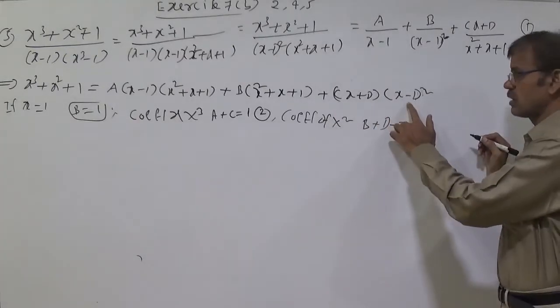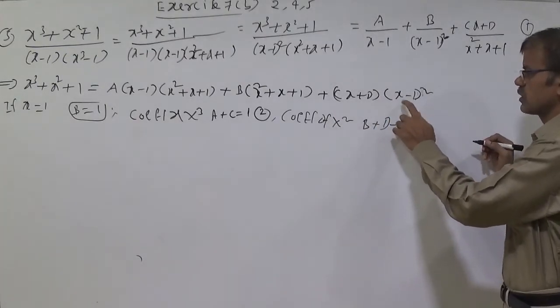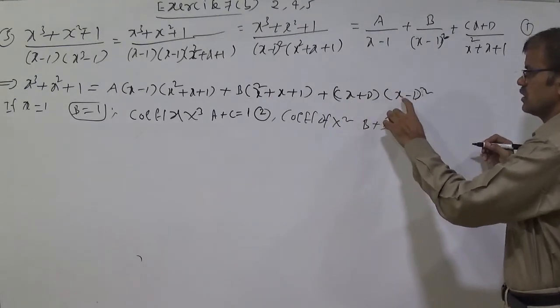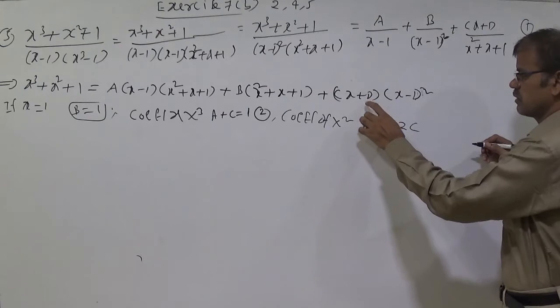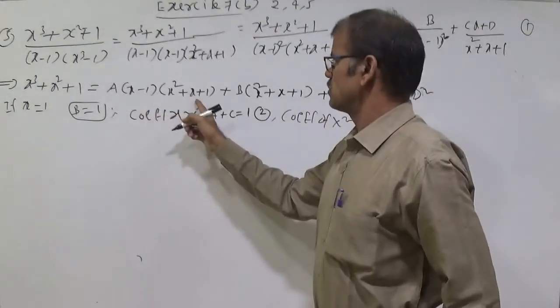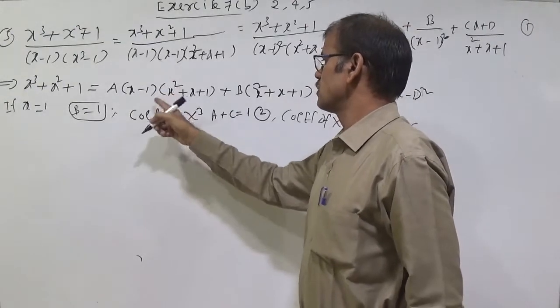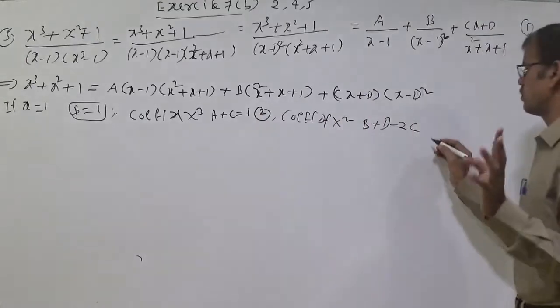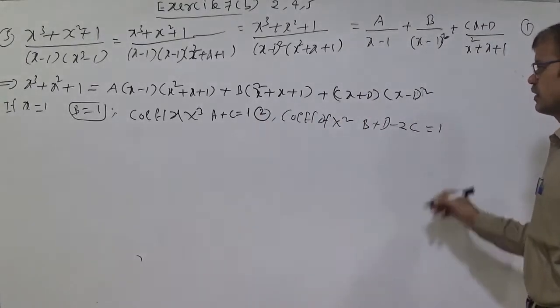From x square minus 2x plus 1, with C multiplying, minus 2C. Here x square multiplies with D, and here Bx square. Here x into x square A is there, but with minus x square it gets cancelled. So B plus D minus 2C is equal to 1.